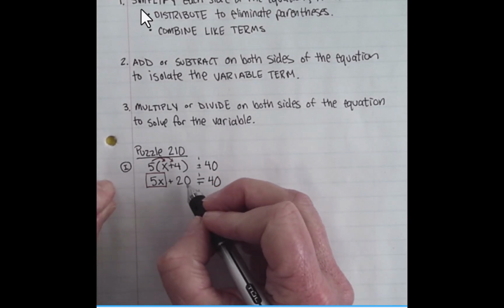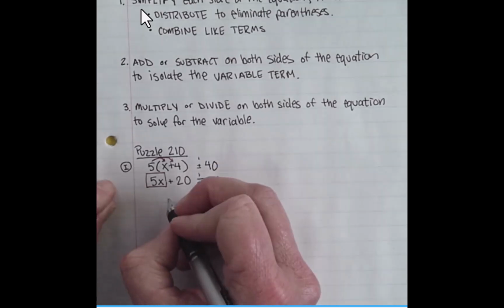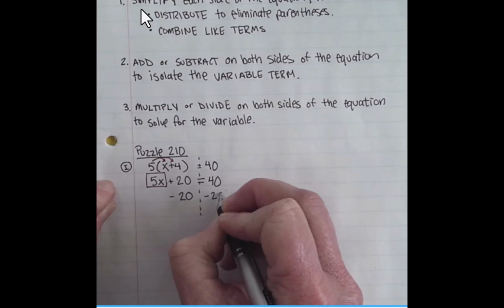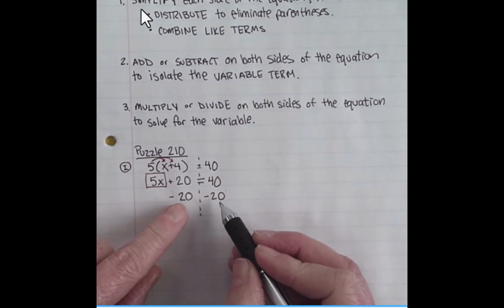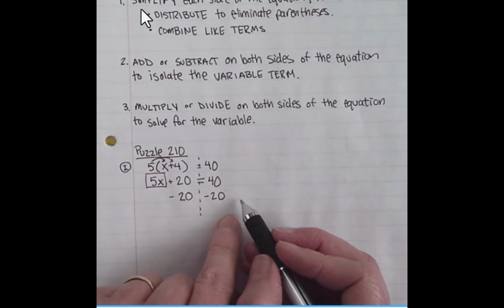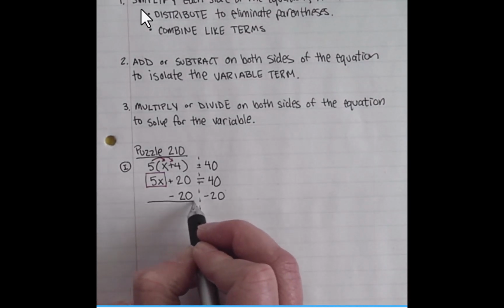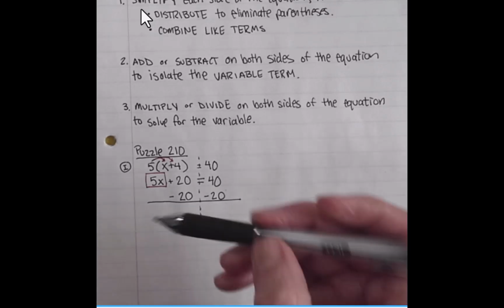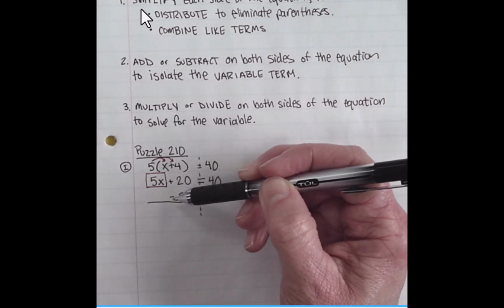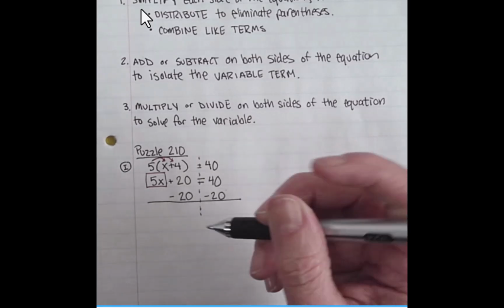Instead of adding 20, I can make that go away if I do the inverse of adding 20. But if I do that, I have to keep the equation balanced. Whatever I do to one side of the equation, I have to do the same thing to the other. And the reason we did that is, look what happens when we take positive 20 and negative 20 and put them together. It's just 0.